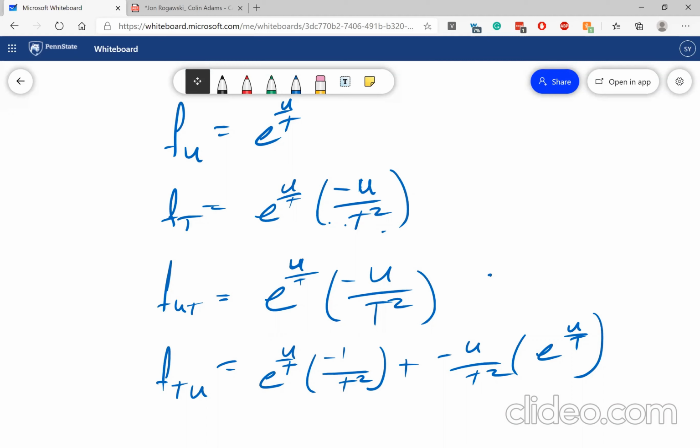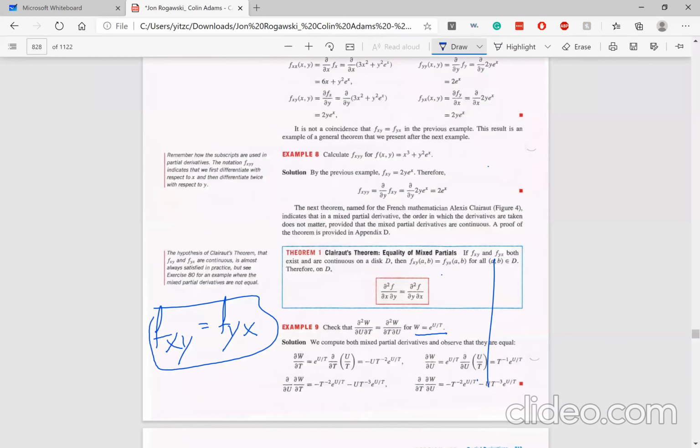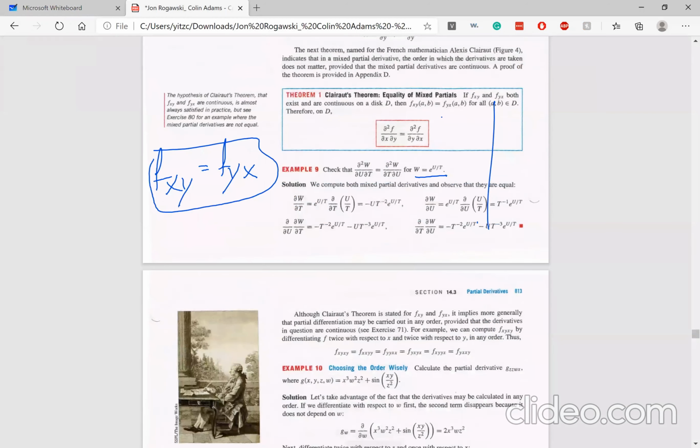Well, part of it seems equal, but then there's a part that is not. Let's see. Okay, partial t, u over t, that is good. That's what we have. And then this with respect to u, the chain rule gets you to that. And on the product rule, okay.